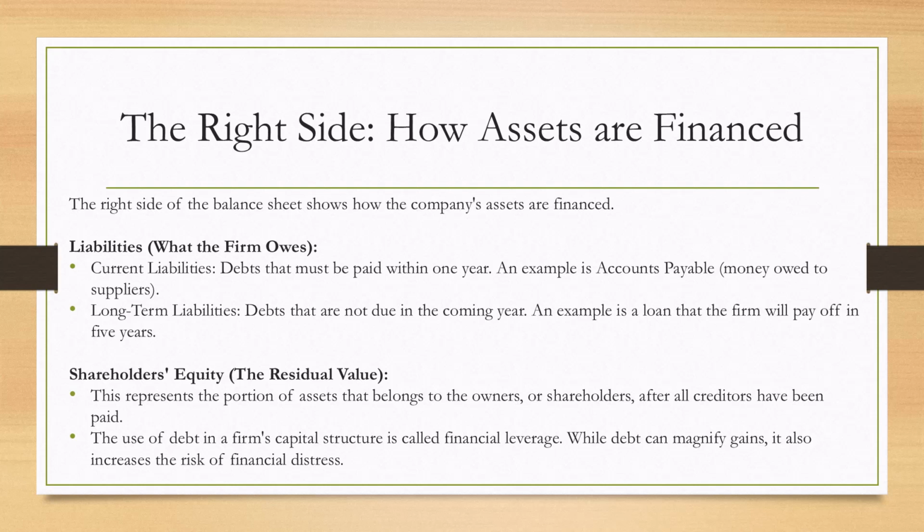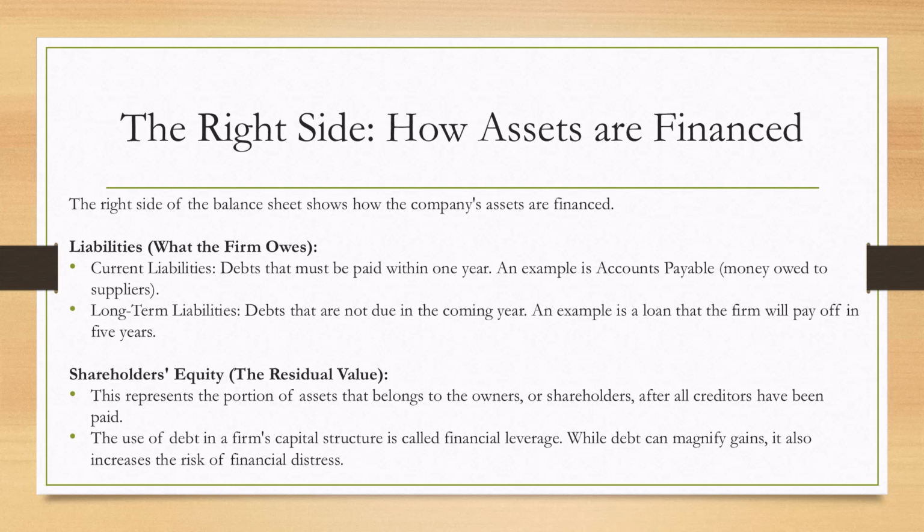The right side of the balance sheet tells us how the company has financed the assets that it owns. There are two main sources of financing, liabilities and shareholders' equity. Liabilities represent what the firm owes. They are classified as either current liabilities, which are debts that must be paid within 1 year, like accounts payable, or long-term liabilities, which are debts not due in the coming year, such as a 5-year loan.